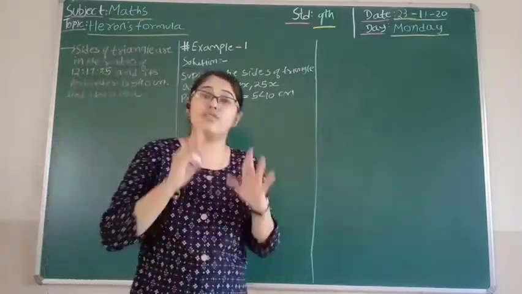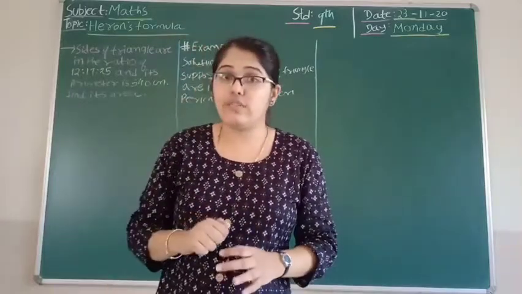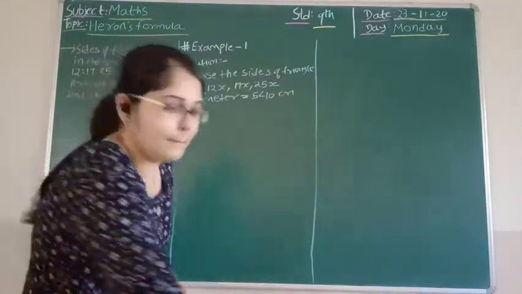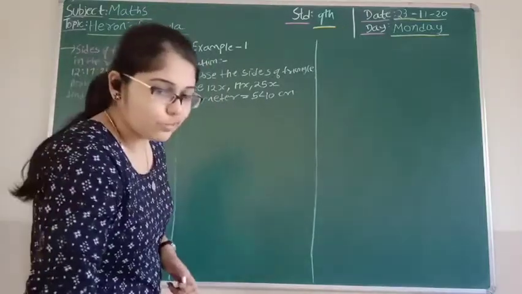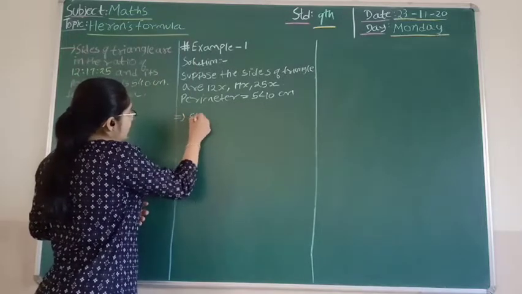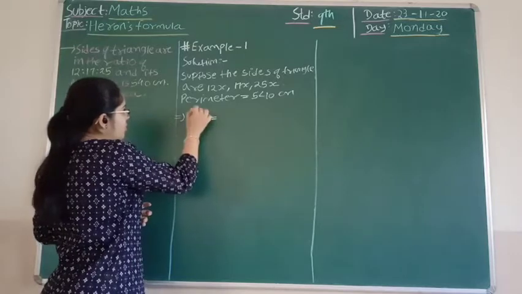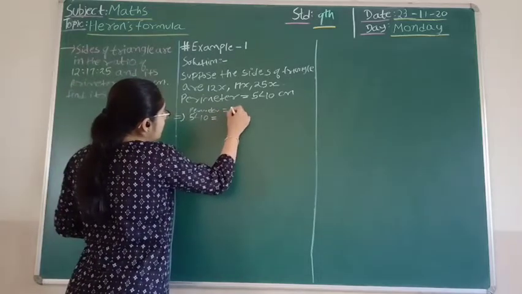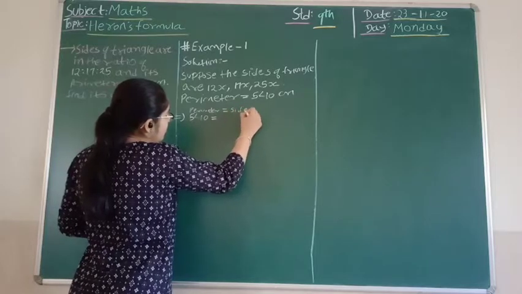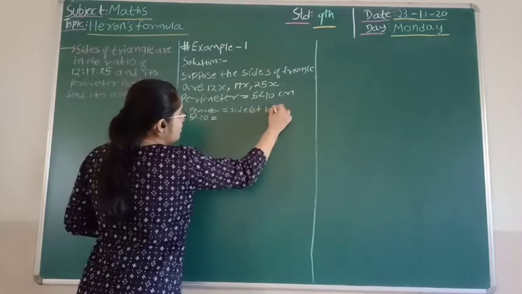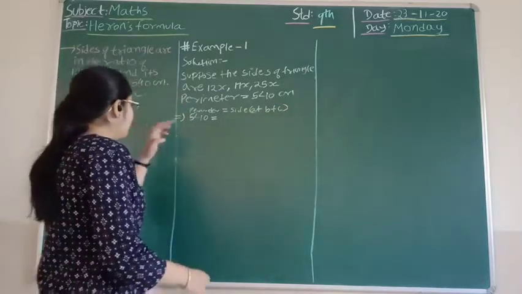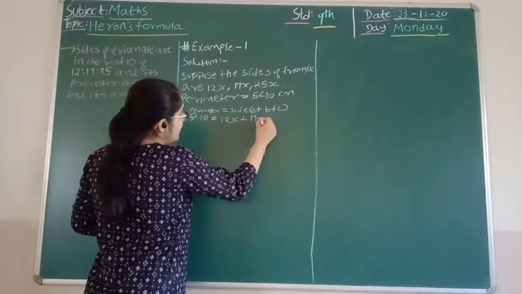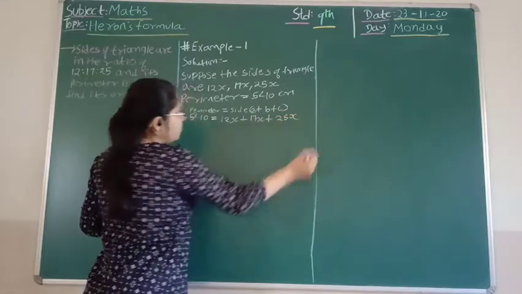Now the very first thing in this sum is to find the sides. For that, we know the perimeter, so I can write 540 is nothing but the perimeter, which is equal to side A plus B plus C. So 540 equals 12x plus 17x plus 25x.